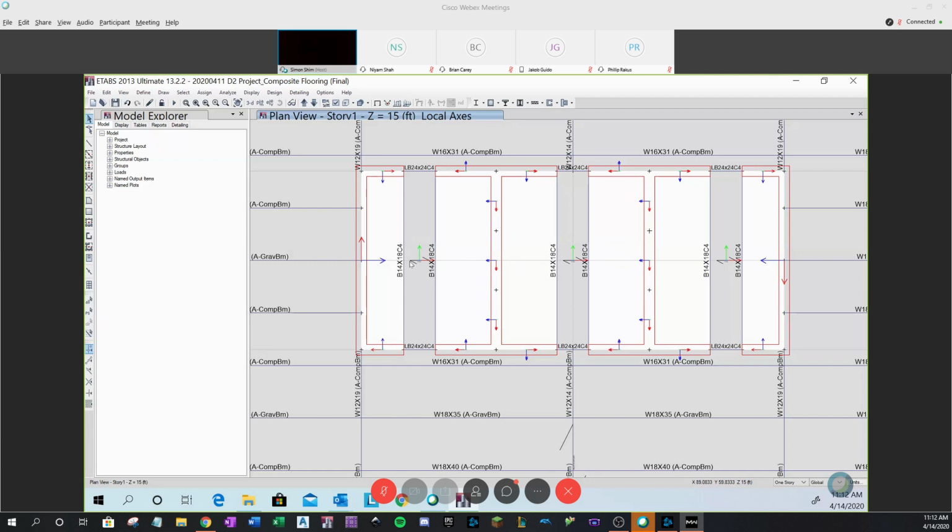Maybe it is a beam. Probably I have to show it in a different way, but I think the loads are likely flowing in the short direction.